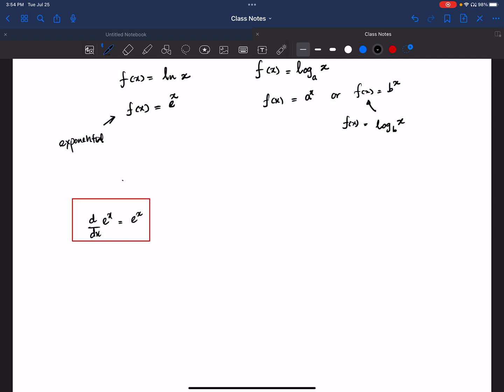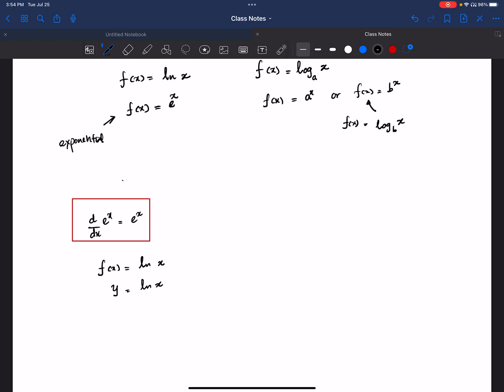For example, I can write f of x equals natural log of x, or you can write y equals natural log of x.